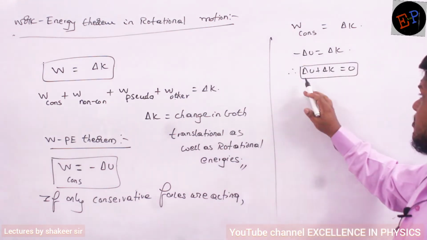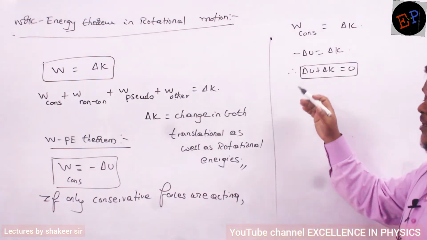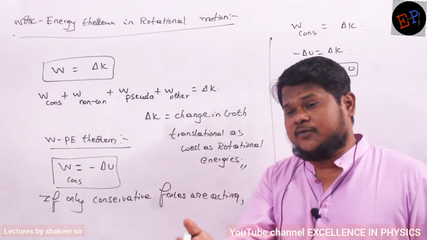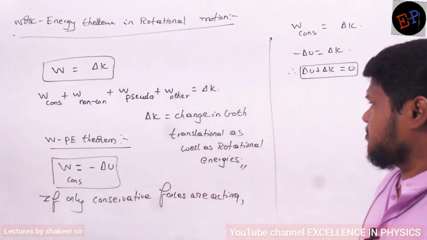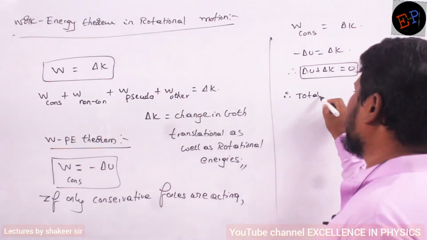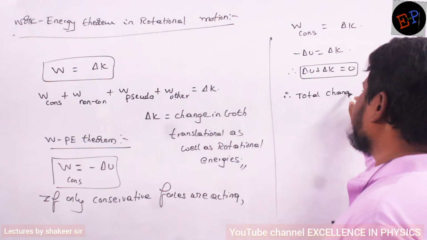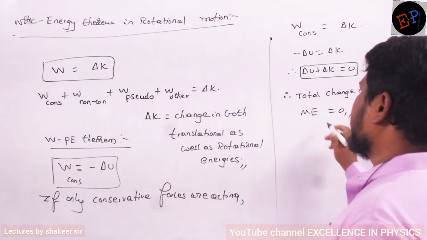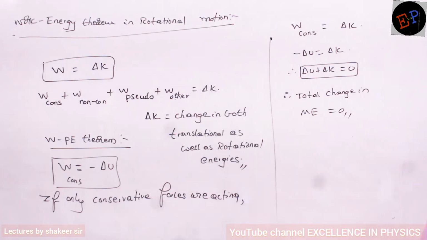Or you can say the kinetic energy and potential energy will change, but the sum of changes will be how much? The sum of changes will be 0. So therefore what we say is the total change in mechanical energy is 0. The sum of kinetic energy plus potential energy is called what? Mechanical energy.